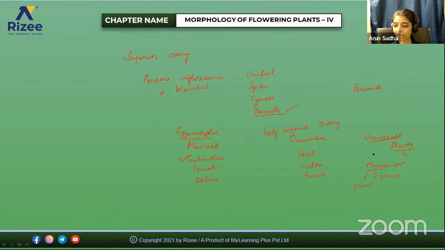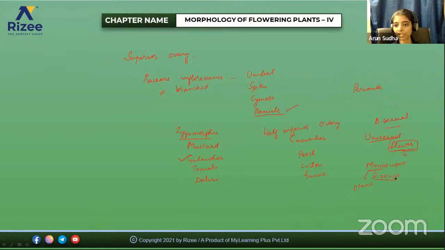When both staminate and pistillate flowers are found on the same plant, that is called monoecious. If they are present on different plants, it is called dioecious. But if a flower has either the androecium or the gynoecium, it is unisexual, and if both are present, then it is bisexual.